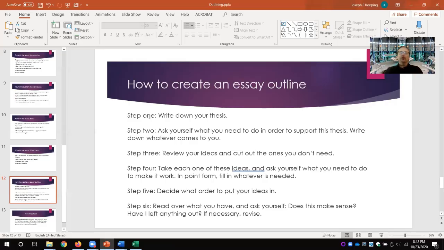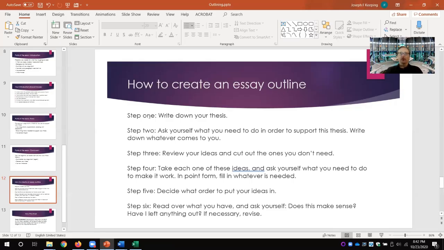Step 6 is a review step. You read over everything that you've done and you ask yourself some questions. Does this make sense? Have I left anything out? Is there something else that I need to do in order to make this work? If necessary, you revise.